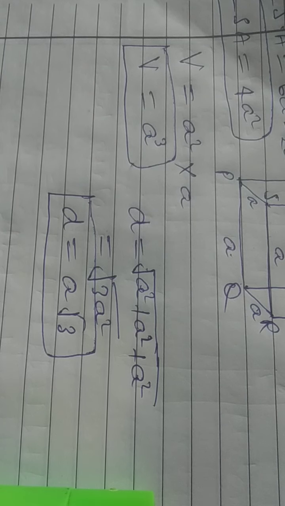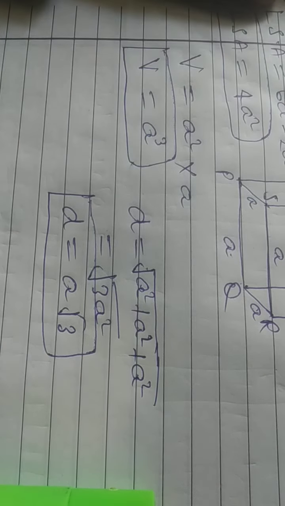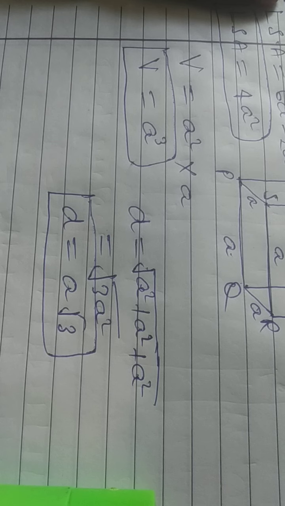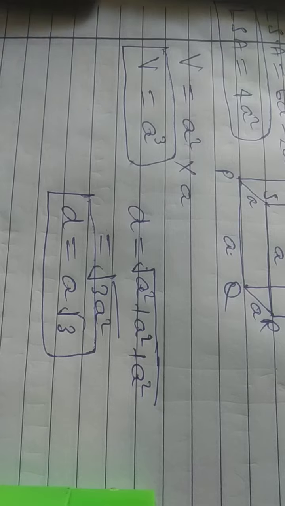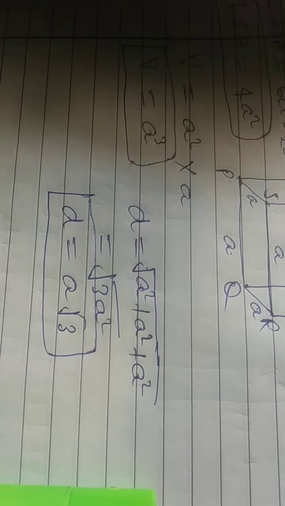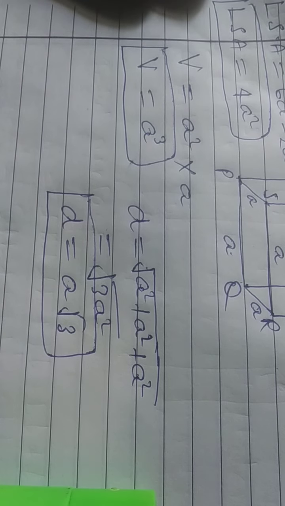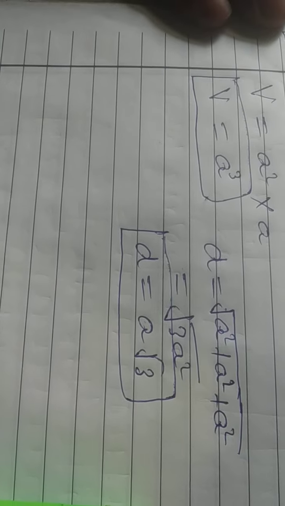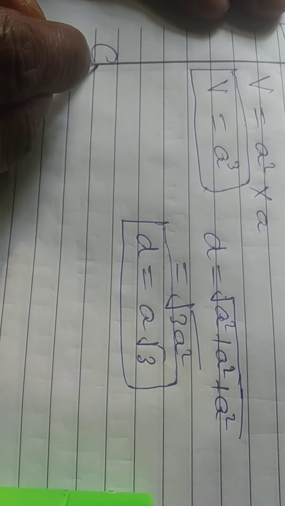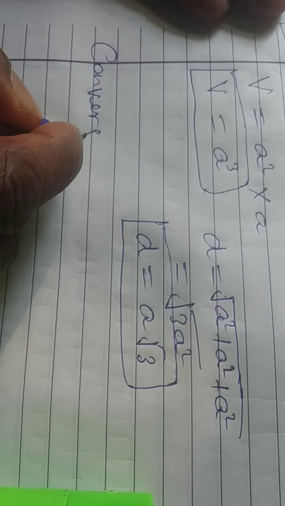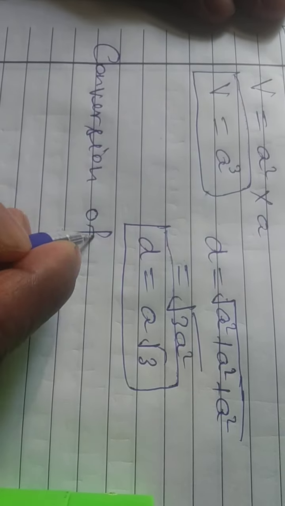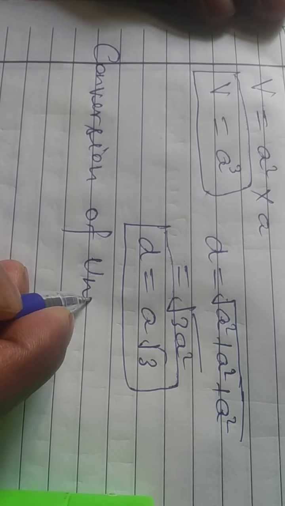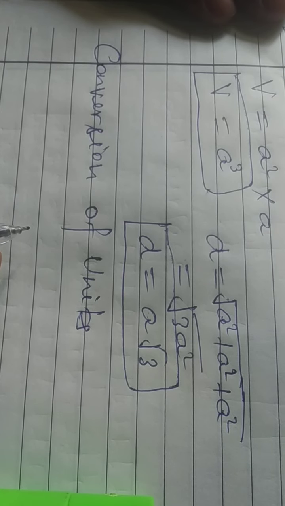Now we have read about different formulas of cube and cuboid, and now let us have a look at the conversion of units.